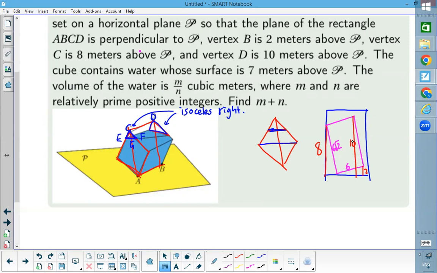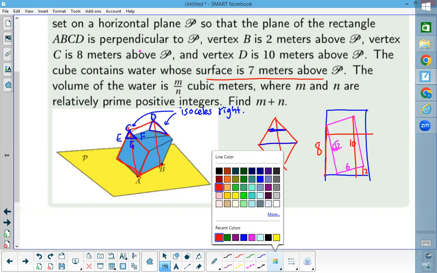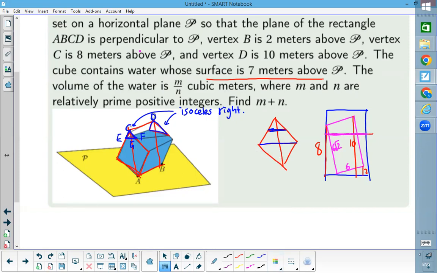It's important to know that the water level is 7 units above. So you draw the water level that's 7 units above. So this is the water level, horizontal.